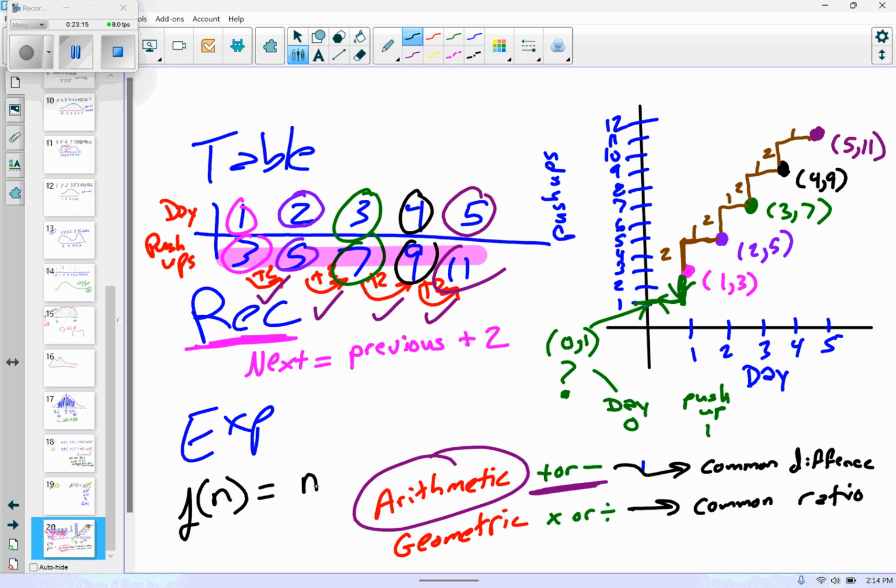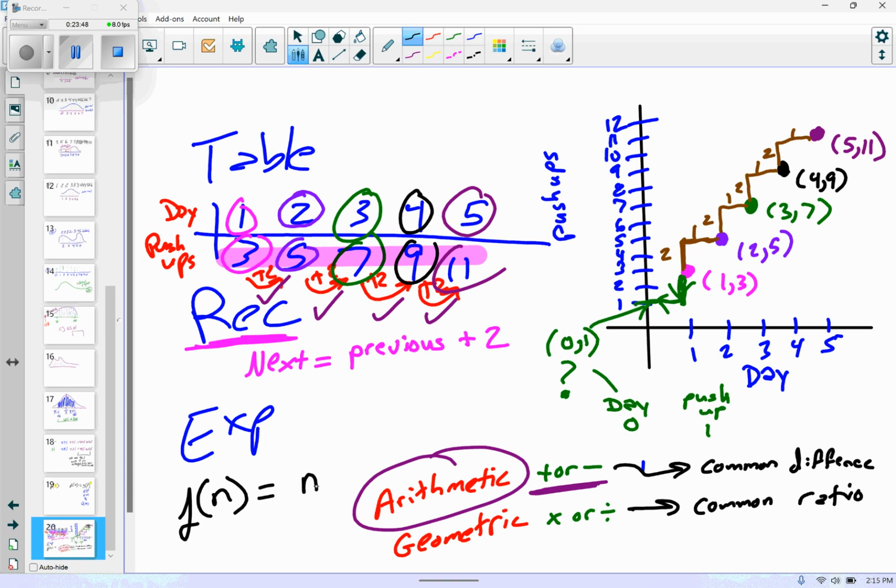If I plug 1 into n, I get 1. Is this 1? No. What about if I plug 2 in? Is that 2? No. 3 in, is that a 3? No. So we can say comfortably, n is not the equation yet.